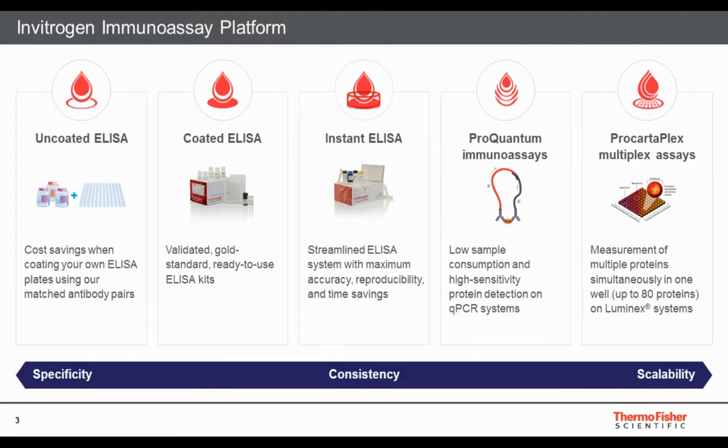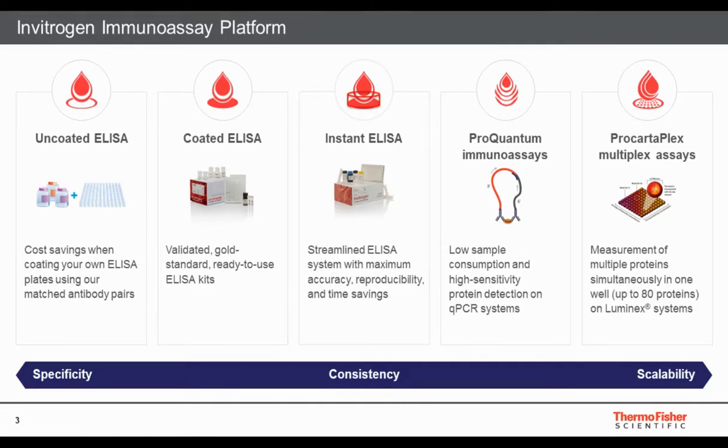Then we have our ready-to-use pre-coated ELISA kits, which are the high-end ELISA formats, the highly validated gold standard immunoassays. And then the Instant ELISA is a further development of the conventional ELISA.